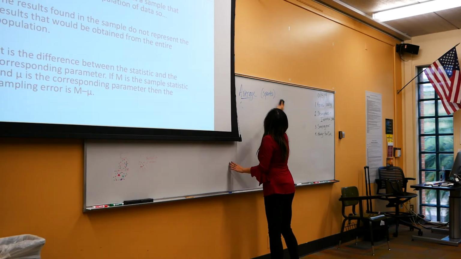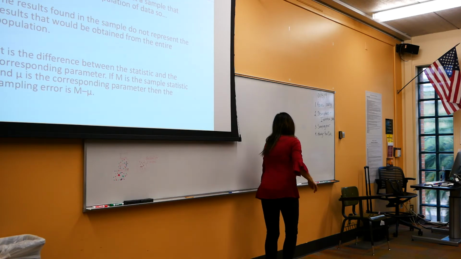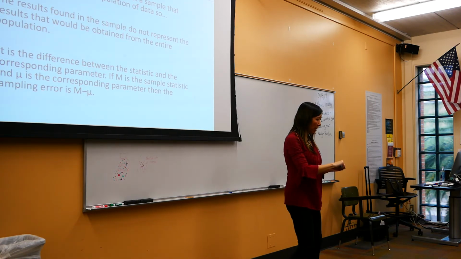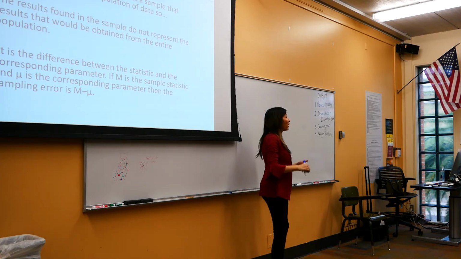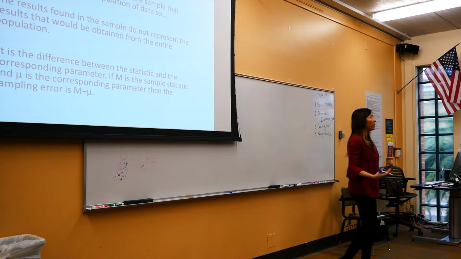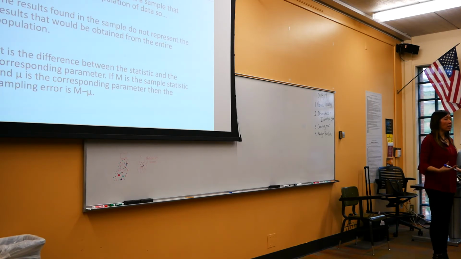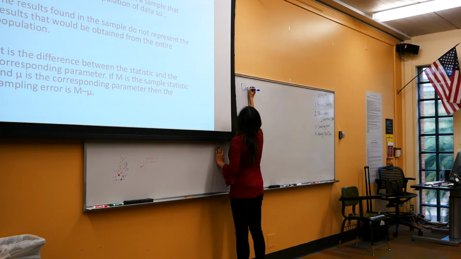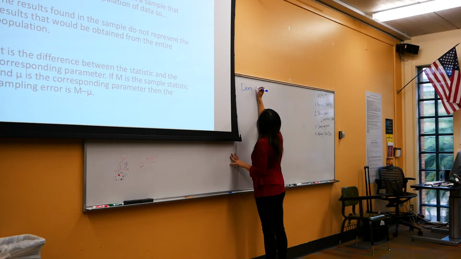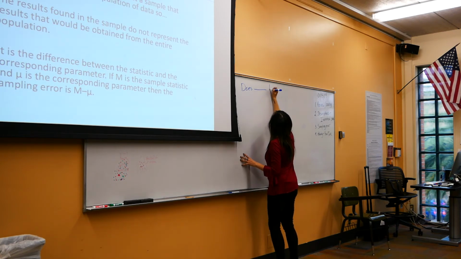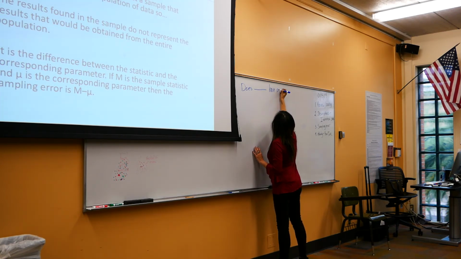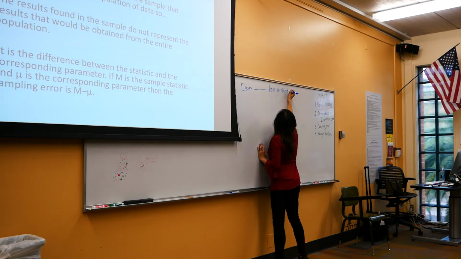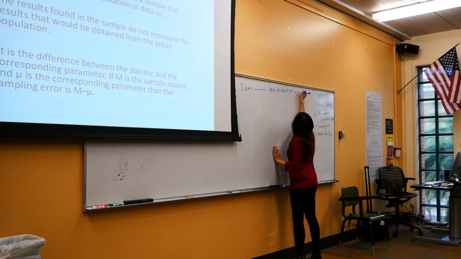Just like when we were looking at the study methods, my question as a researcher would have been, does type of study method have an effect on test performance? So your research question is something like this: does this variable have an effect on this variable?